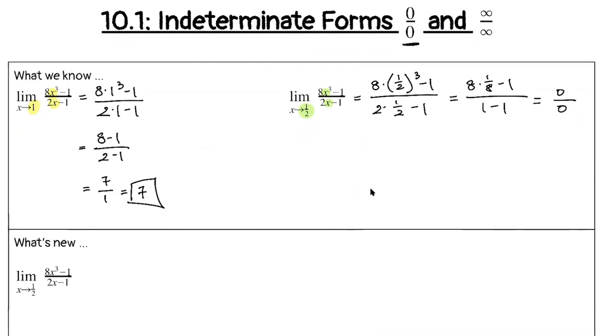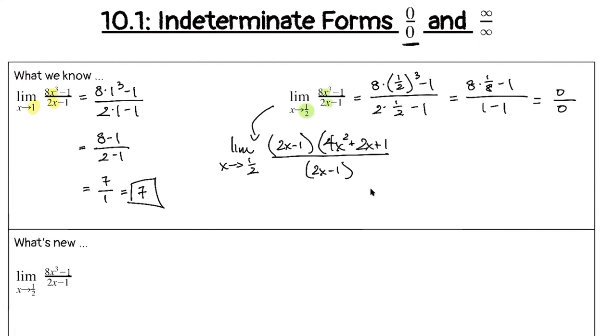In Calc 1, the way that we approached this was we would factor. So we would say the limit as x approaches 1/2, and we would factor the numerator. In this case, 8x cubed minus 1 factors into 2x minus 1 times 4x squared plus 2x plus 1, okay?